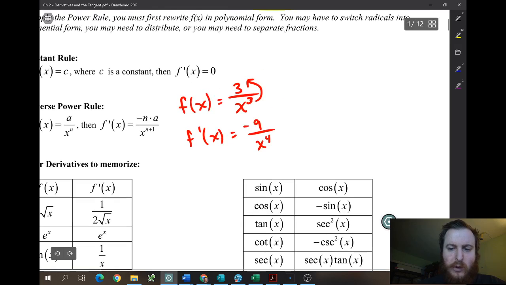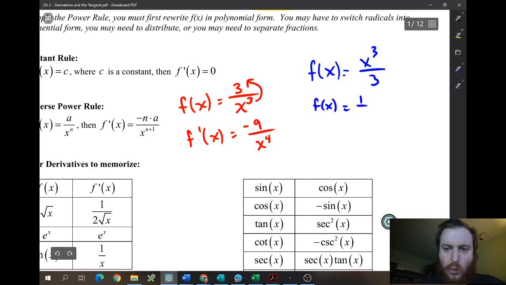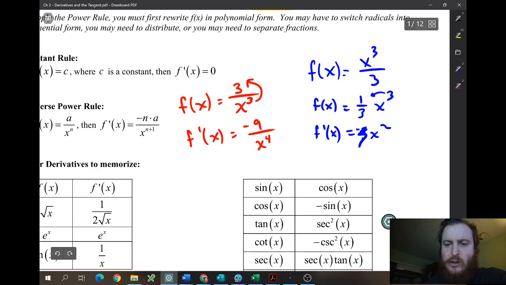Now, don't confuse this power rule with if I had something like f of x equals x cubed over 3. That's not reverse power rule. This actually we can just rewrite into polynomial form as 1/3 x cubed. Then we multiply the 3 down. We get f prime of x equals 3x squared over 3, just x squared. The 3's would cancel. So just x squared.